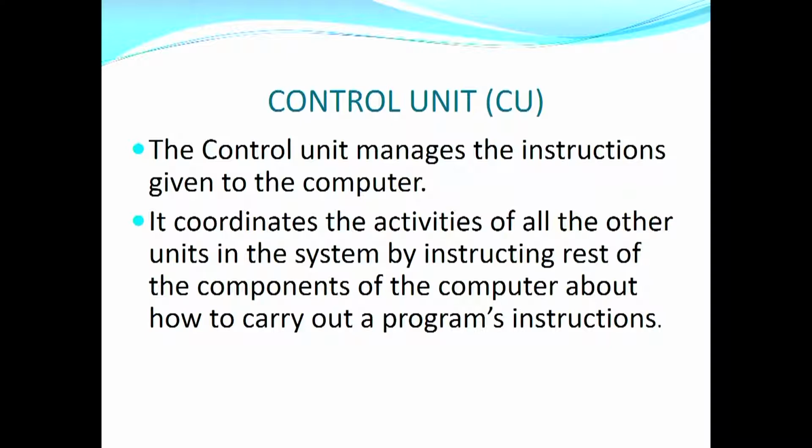Firstly, we will talk about the control unit. The control unit manages the instructions given to the computer. It coordinates the activities of all the other units in the system by instructing the rest of the components of the computer about how to carry out a program's instructions. So basically, a control unit can also be known as the nervous system of the computer system.